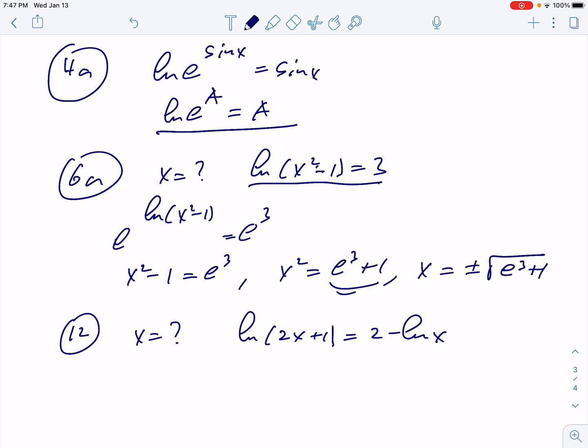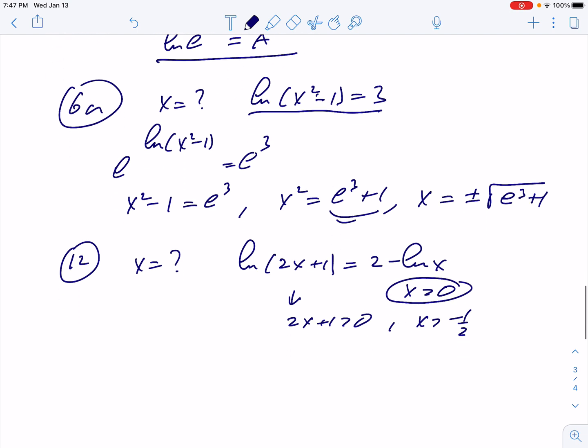Since we're writing logarithm x here, this requires x to be positive. And from this position, 2x plus 1 should be positive. x should be bigger than negative 1/2. Well, if x is bigger than 0, it's bigger than negative 1/2, so this restriction remains: x positive.